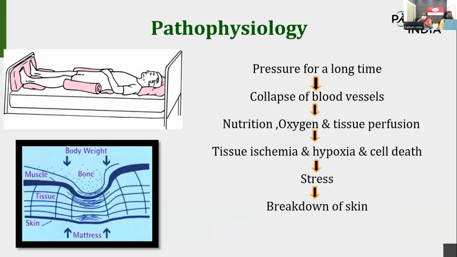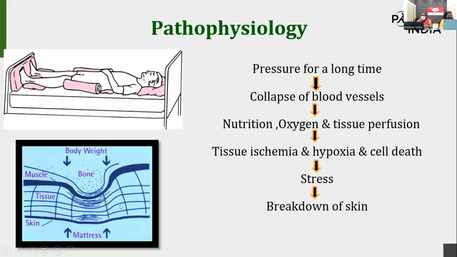So let's see what is the pathophysiology of pressure ulcer. You can see that picture. When a patient is lying on a bed, usually in supine position, what happens? Their body weight, the bones, are compressing the tissues.